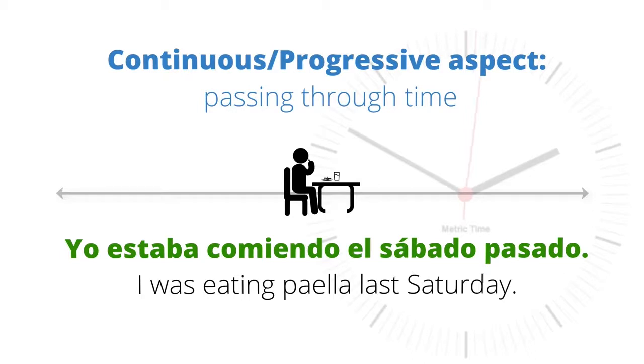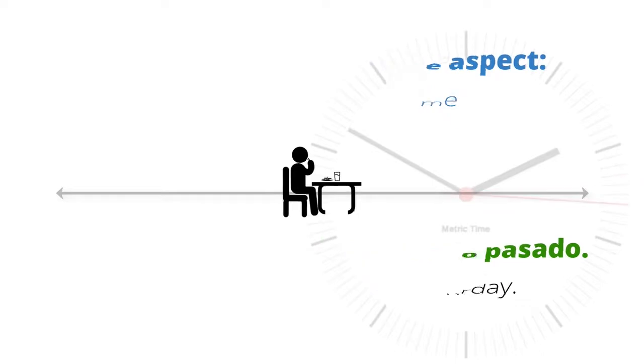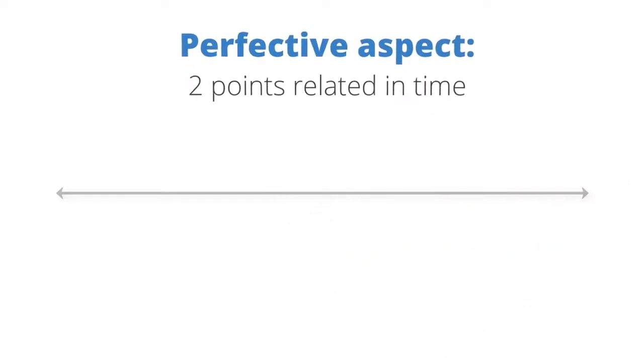Again, we know it was last Saturday, but the conjugation was eating, or estaba comiendo, reflects an action that is happening through time. The simple aspect just doesn't do that. That would be I ate paella as opposed to I was eating paella. Simple versus progressive.